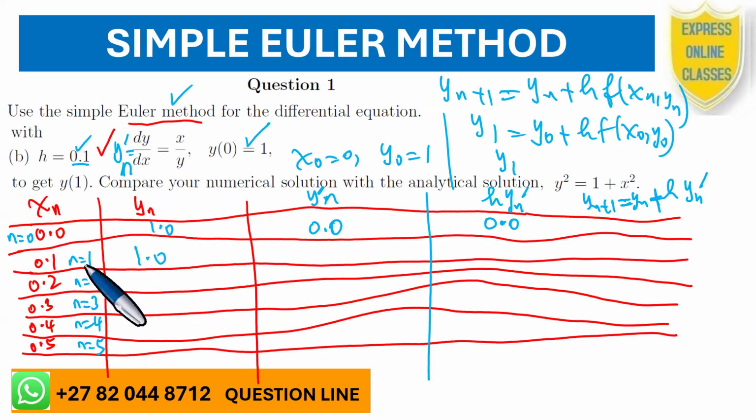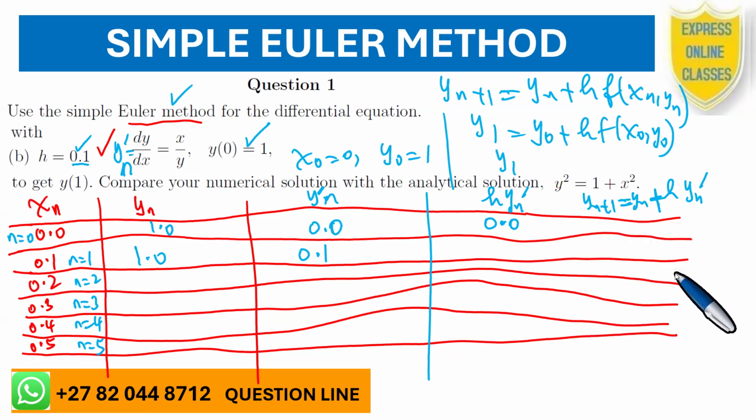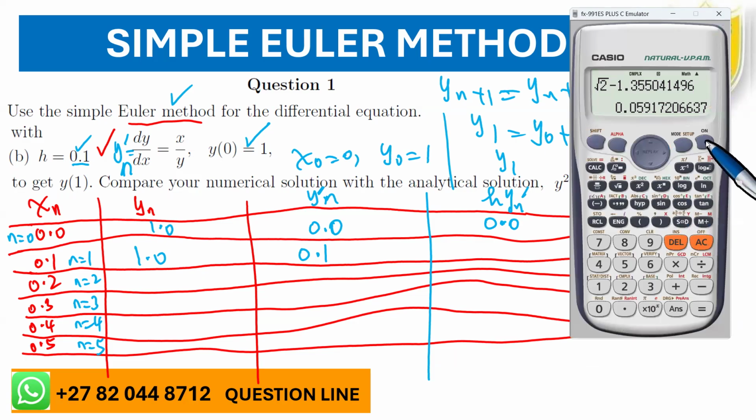So xn is 0.1 divided by 1, which is 0.1. You multiply by h, which is 0.01.